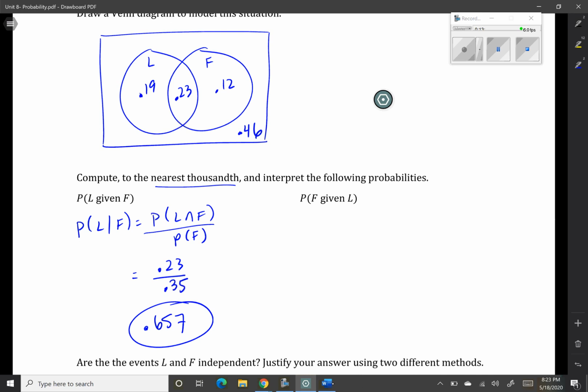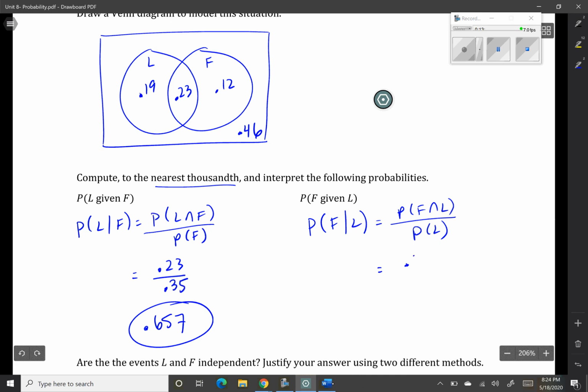Then it says, compute the probability of F given L. So to find the probability of F given L, we would say the probability of F and L divided by the probability of L. These are different. Because these are different, they should come out to be a different number, right? We're dividing out a different probability in the denominator because of what was given or what was known in the problem. So the numerator is going to stay the same.